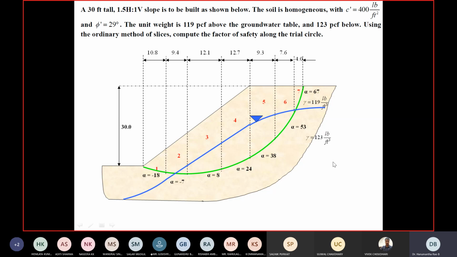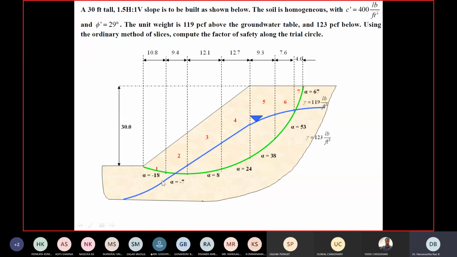As I told in the previous sum, here if you look carefully, this is slice number 1, 2, 3, 4, 5, 6 and 7. Corresponding to slice number 1, the alpha is negative. Similarly, for slice number 2, alpha is negative. And for all remaining slices, the value of alpha is positive.